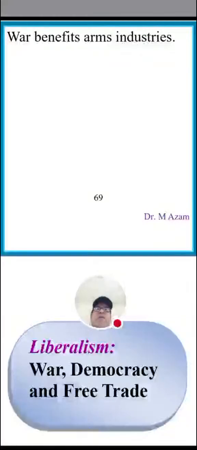War benefits industries which make weapons. They benefit from wars. And sometimes the arms industries bribe the rulers to start wars. Do you know this? Sometimes they bribe, they lobby for it, they make efforts to start a war so that people buy their weapons.